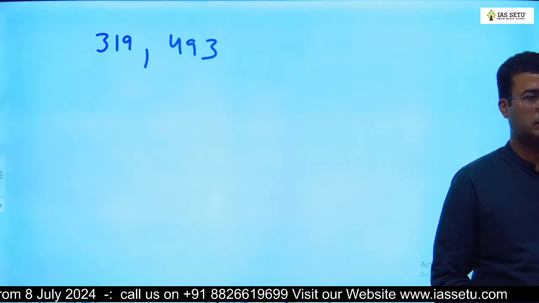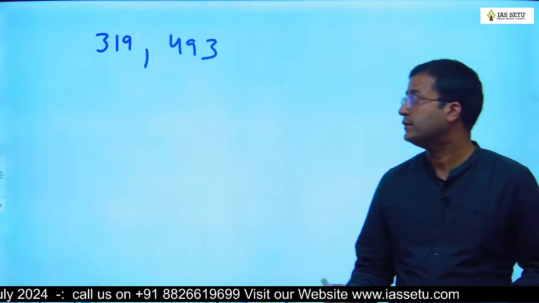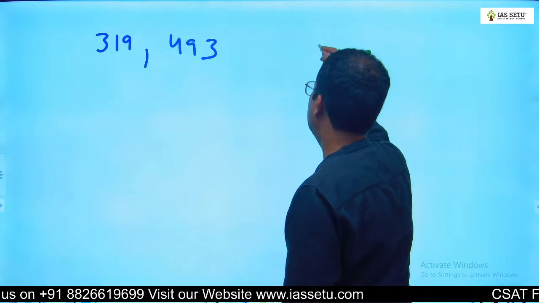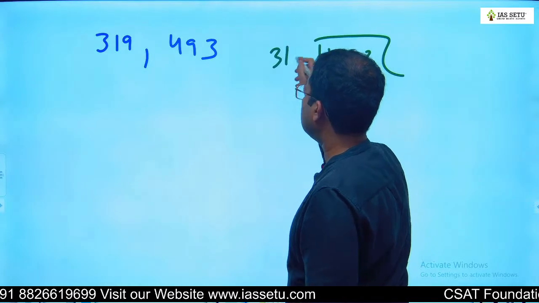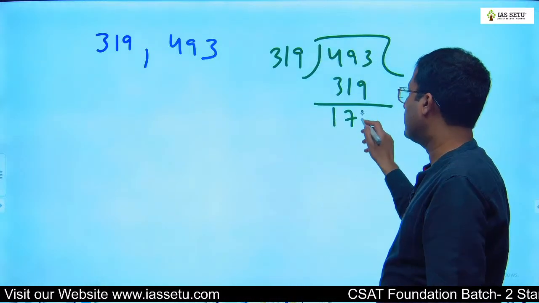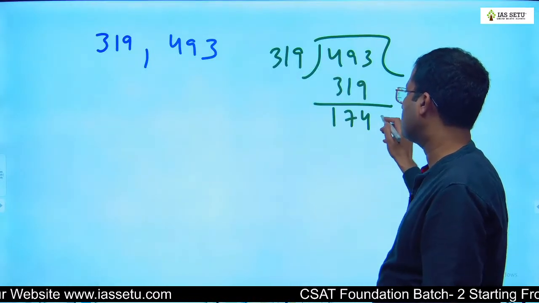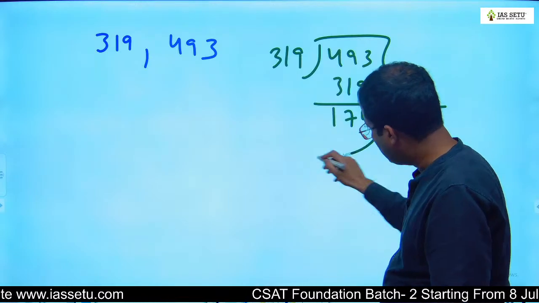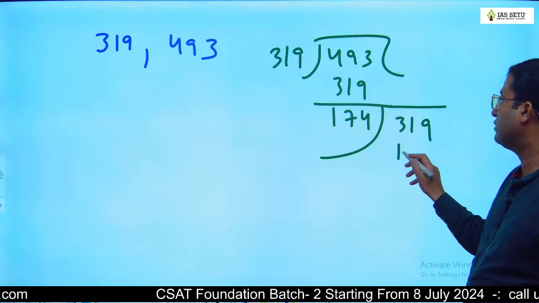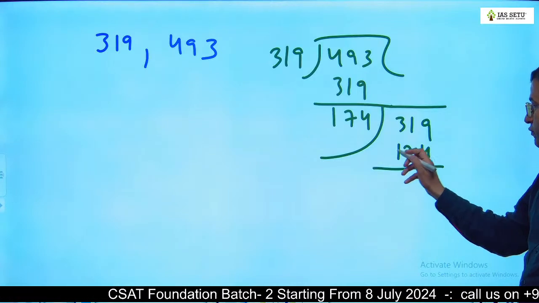Done, all of you? What is your answer? Here you subtract this, remember. 174 will divisor, 170 subtract.